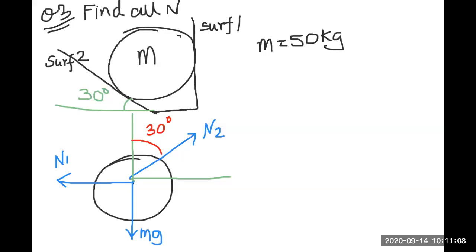N2 is the normal reaction produced by the inclined plane. Therefore, the angle with the vertical of the normal reaction must be the same as the inclined angle. Components ले लेता हूँ मैं. ये component हो जाएगा N2 cosine 30. ये component हो जाएगा N1 sin 30.